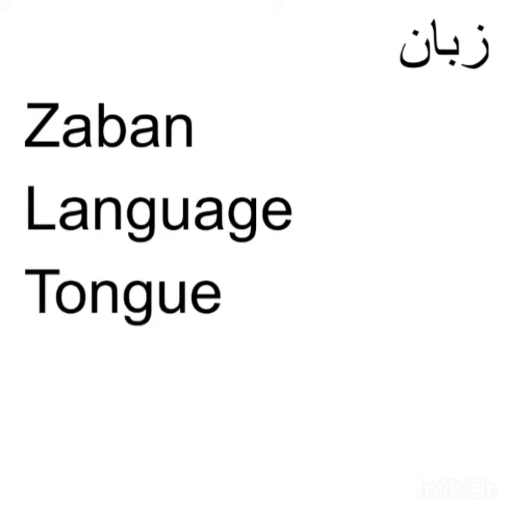If you count what I've written in English, Z-A-B-A-N, you can see that there are 5 letters. But above, we have Z, B, A, N, and there are 4 letters.